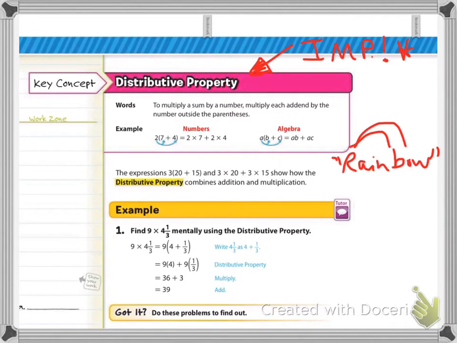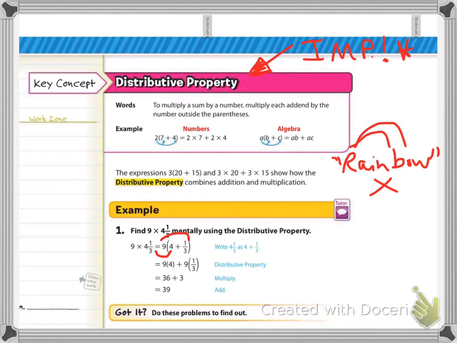And then you would remember to do the rainbow, which means to multiply, whatever way works for you. Some people like to draw one arrow under the bottom and then draw the other arrow over the top. As long as you distribute correctly, which is multiplying everything, all of the terms inside the parentheses, you're fine.